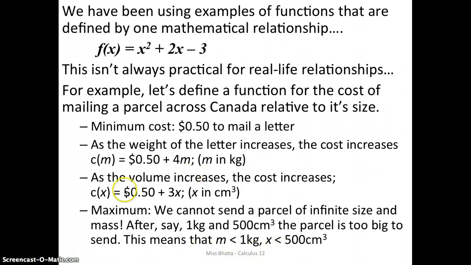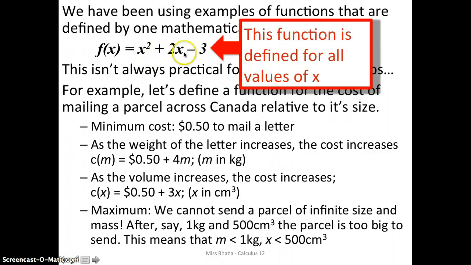However, this function that we have used up here, or any other function like a polynomial or any function that we've seen previously, it's defined for all values of x. So this function is going to exist and can be calculated where x is negative infinity all the way up to positive infinity.